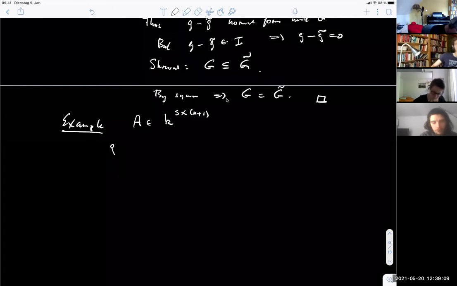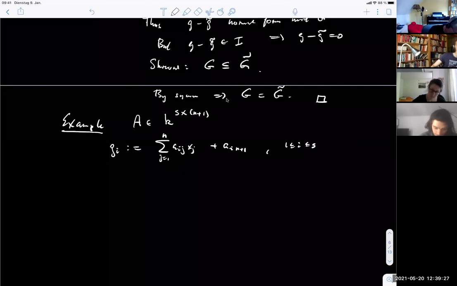Then I look at the polynomials G_i, the sum of a_ij x_j, j goes from 1 to n, plus a constant term, this is a_{i,n+1}. Okay, I have s polynomials. The matrix encodes this. Then let's use the lexicographic order where the variables are ordered this way, so x1 is the largest by convention.